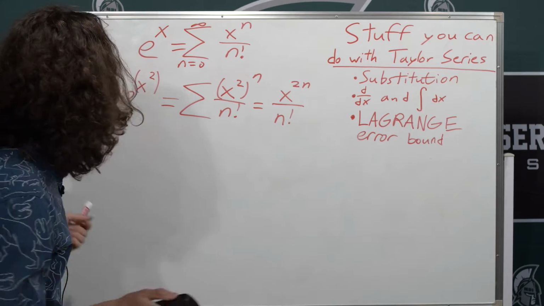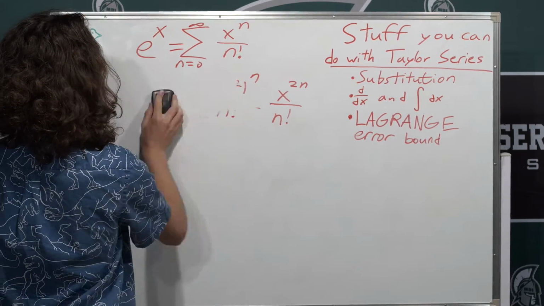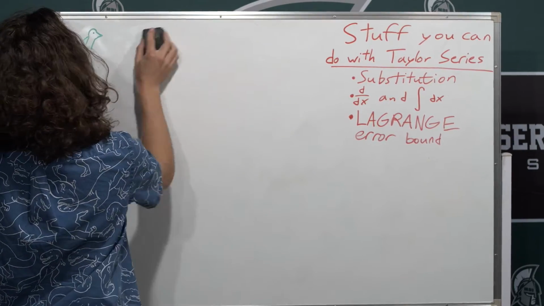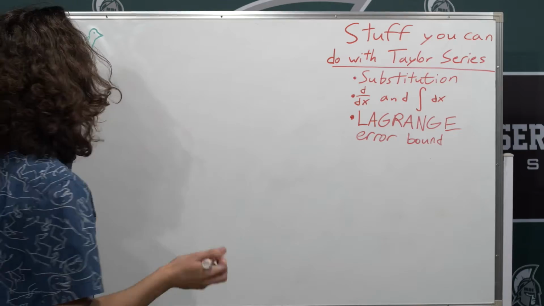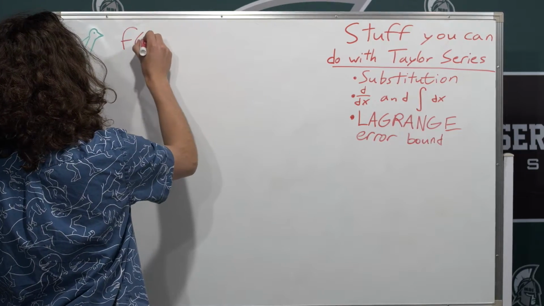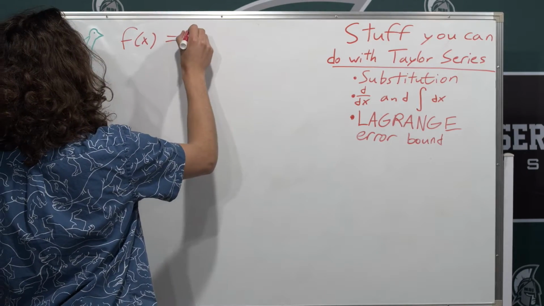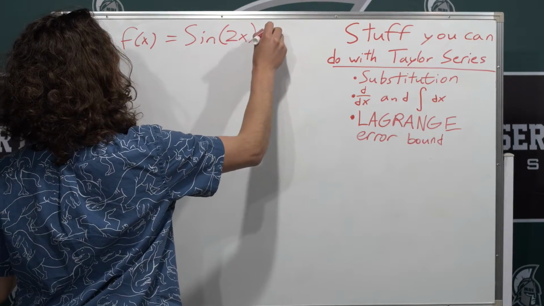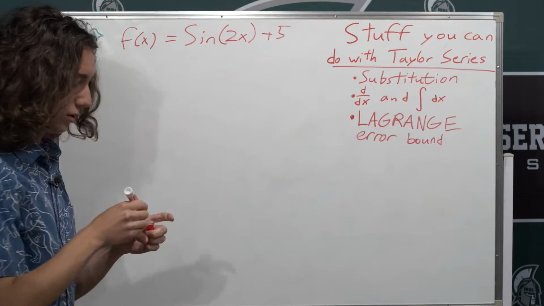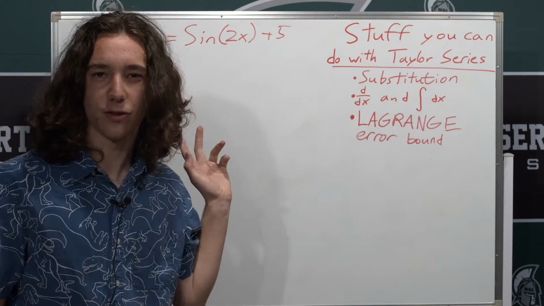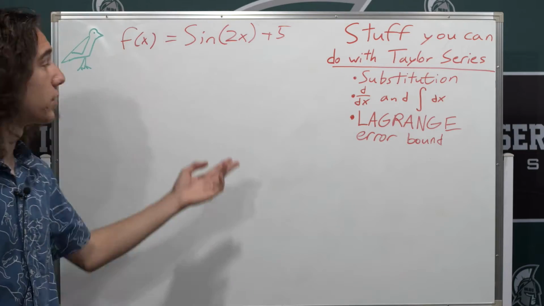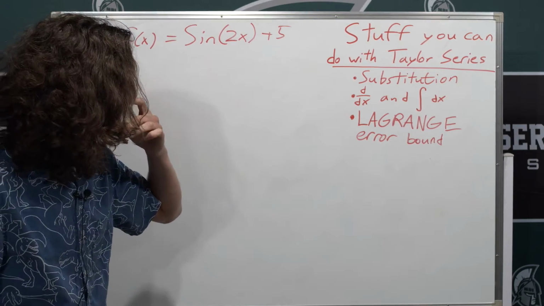You can do the same thing with, for example, if f of x is sine of 2x plus 5. Well, we can't really represent that as a power series right now. But what we can do is represent sine of x as a Taylor series.